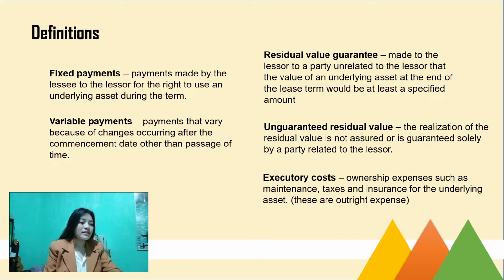Next is the executory cost. Ownership expenses such as maintenance, taxes, and insurance for the underlying asset. These are outright expense, so meaning the executory costs are immediately expensed when incurred.